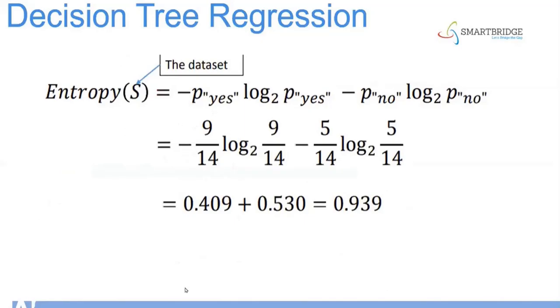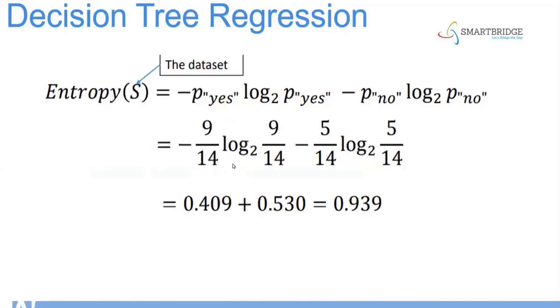So the probability of yes. In the data set, everyone knows that there are 9 yeses out of 14 observations. Do you remember this, guys?